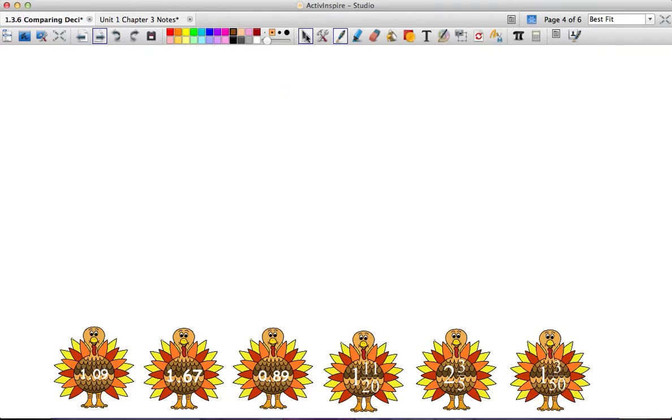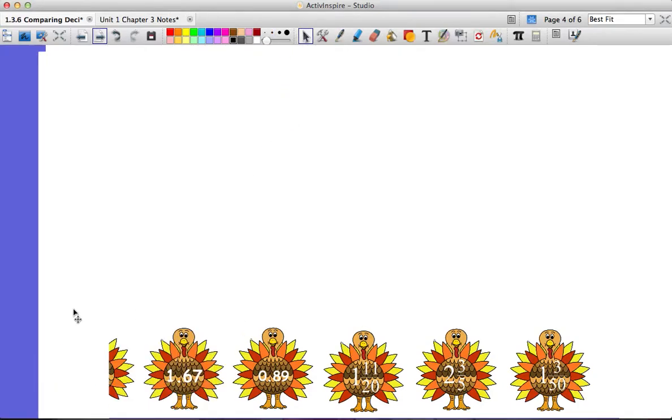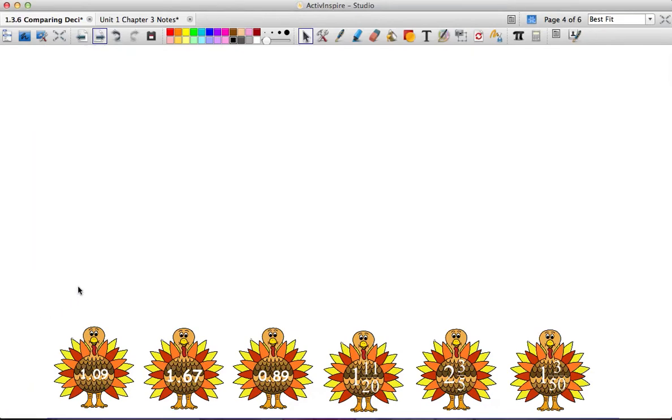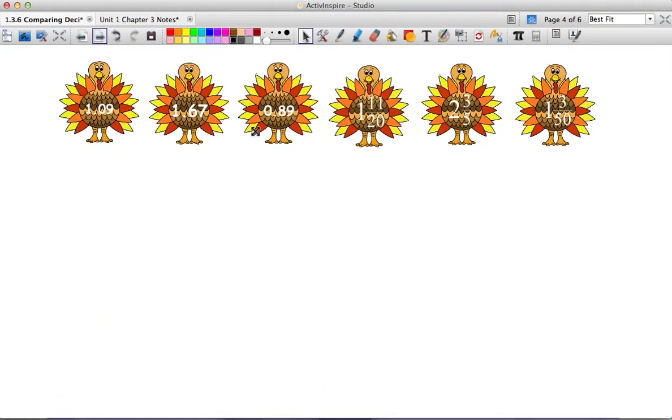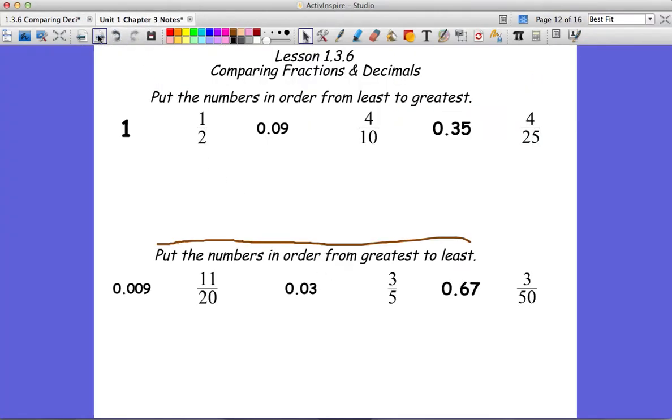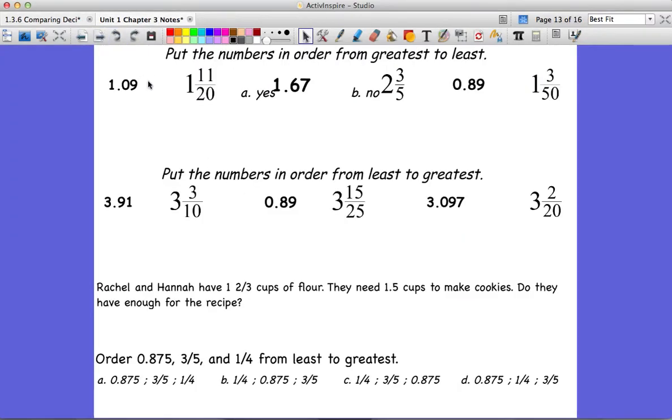All right, so what makes this a little bit more complicated when you are working with fractions and decimals is when you turn these numbers into mixed numbers. So again, you have plenty of space in your notes to look at this. Okay, so what you're going to do is the same thing you always did.